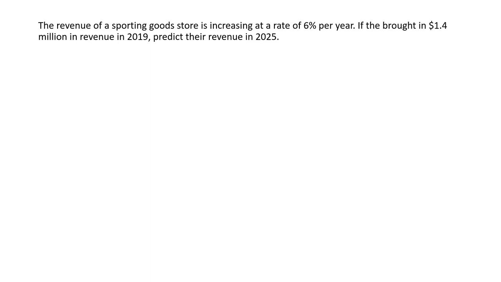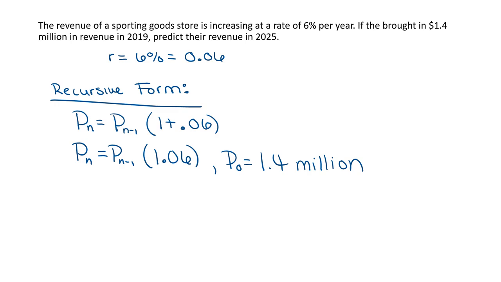Let's do an example. The revenue of a sporting goods store is increasing at a rate of 6% per year. If they brought in $1.4 million in 2019, predict their revenue in 2025. So the first thing I'm going to do is write my equations. In this case, the growth rate is 6%. As a decimal, we move the decimal 2 places to the left. We get 0.06.